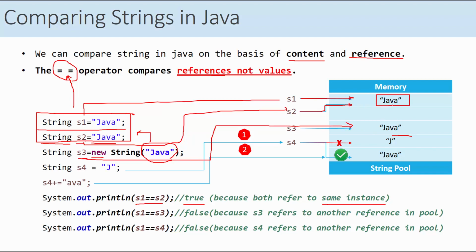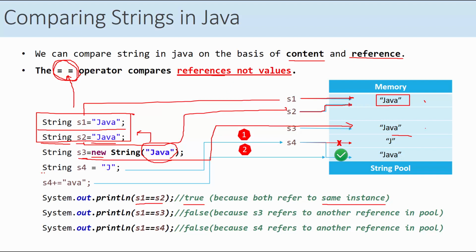It's true that the text in both references is the same, but these are two different references in memory. That's why if you use the equality operator to compare S1, which is Java, and S3, which is Java, you get false. Simply because you are comparing references, not the content of the string.